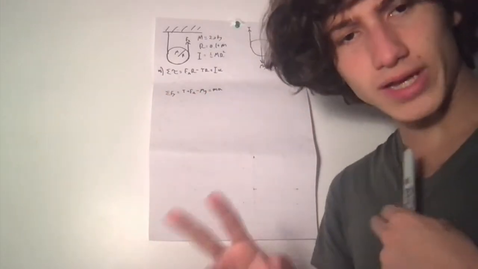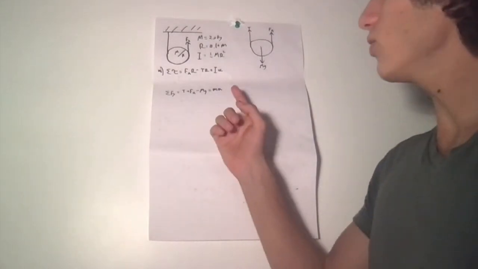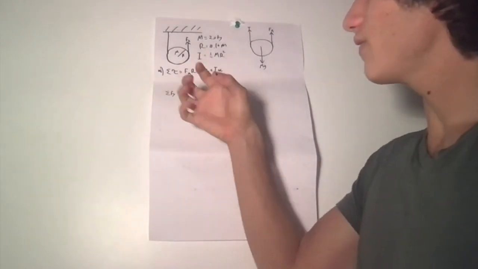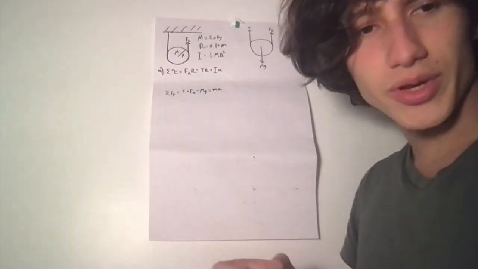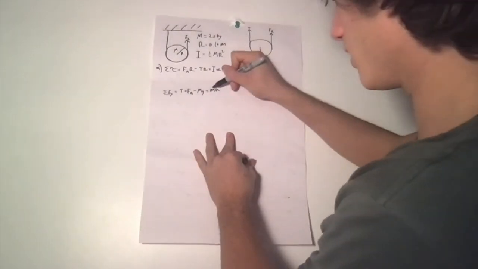So now there are two realizations that are going to help us solve this problem. And that's that if the disk is not moving, then our acceleration is 0, which means that ma is going to be 0.